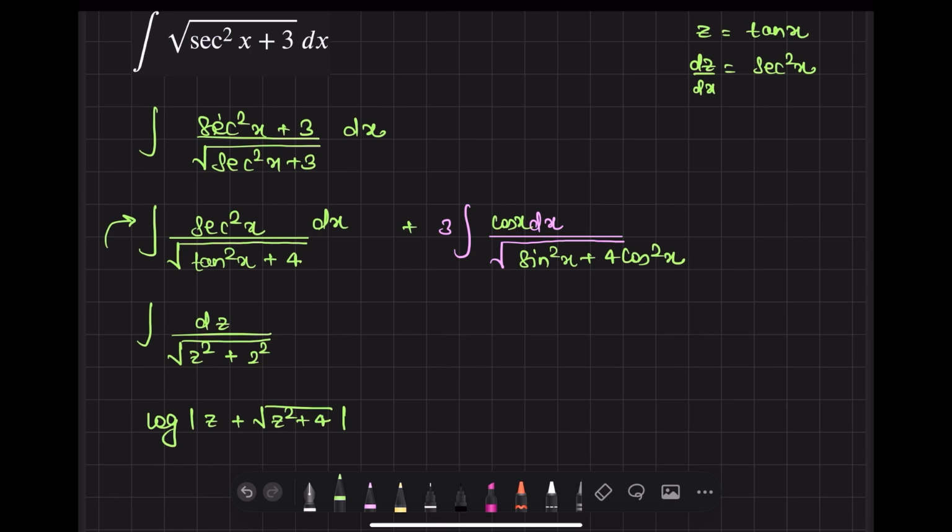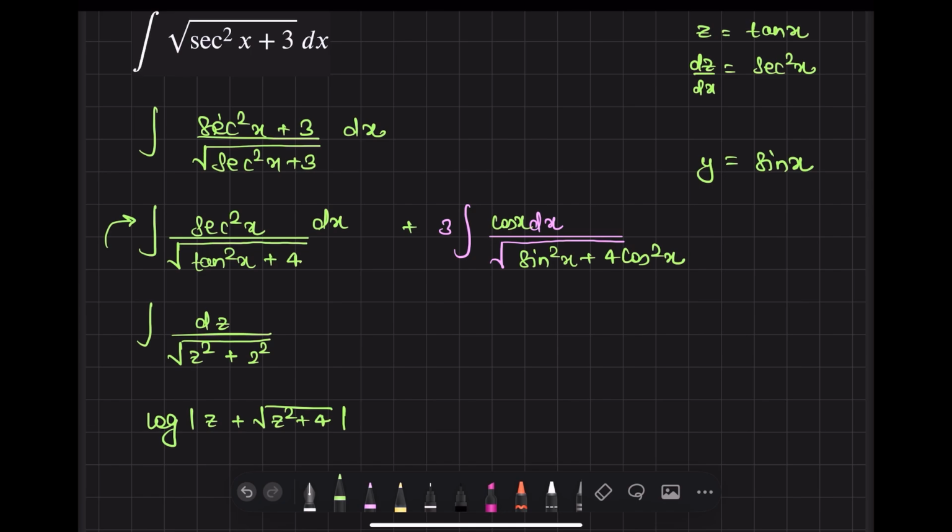Now my point is, I'll be taking y this time. I will take sine x as y, because I am having cos in the numerator.